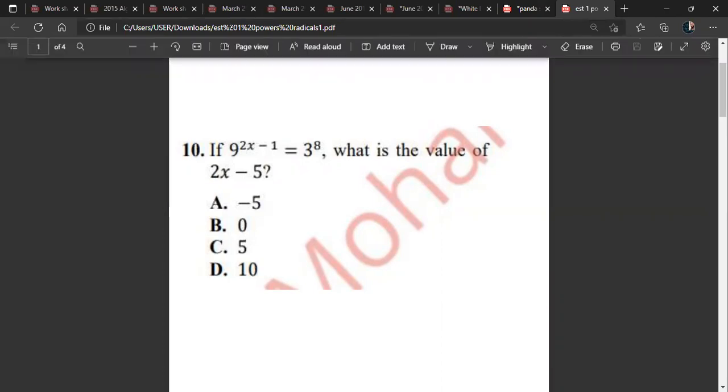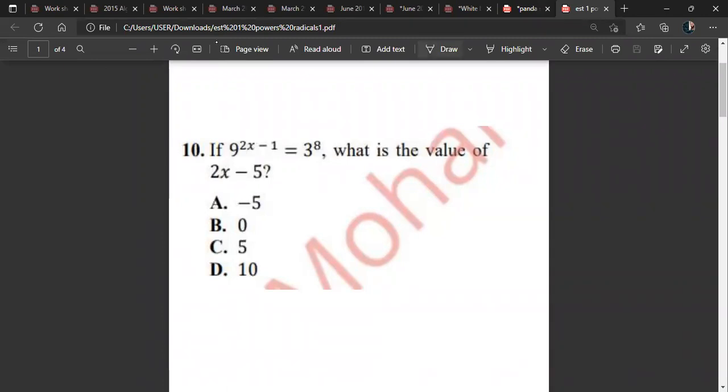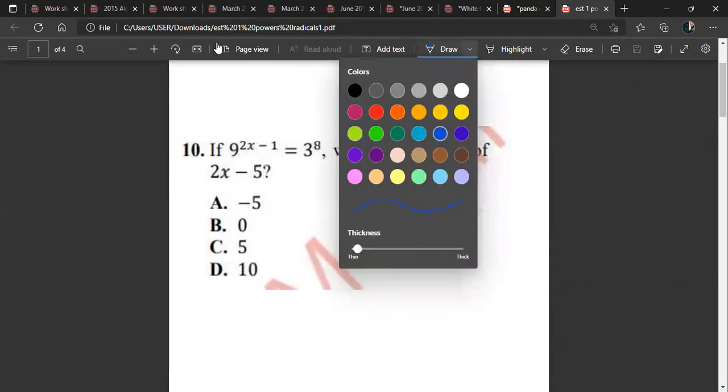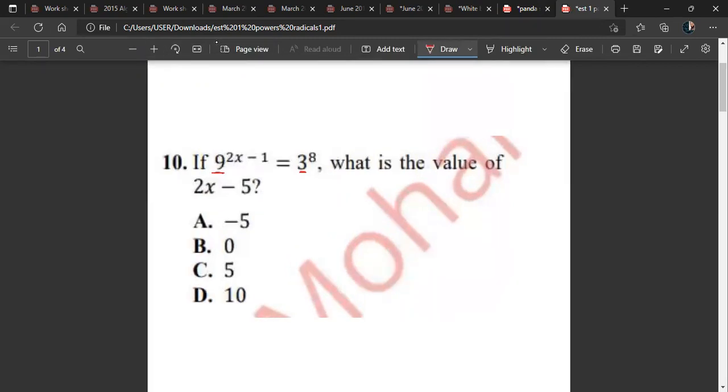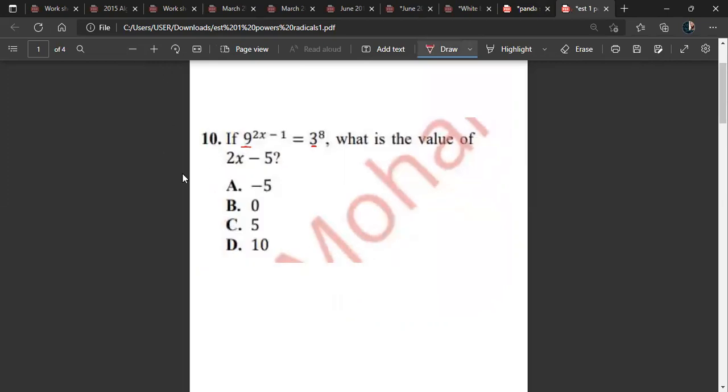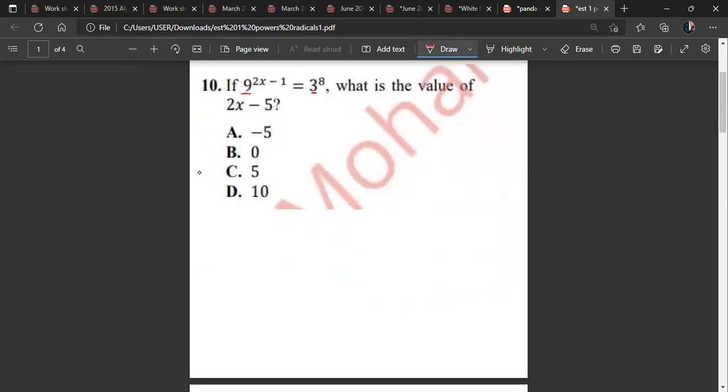So here we do not have the same base. We must make a common base between the left side and the right side, 3 and 9. As we know, 9 equals 3 squared.